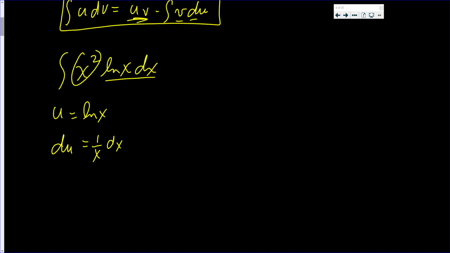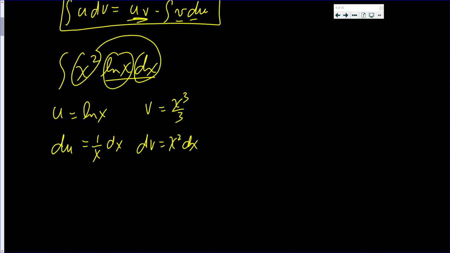And if this is u, then everything left over must be dv. dv must be x squared dx. But I know what v is. It's x cubed over 3.